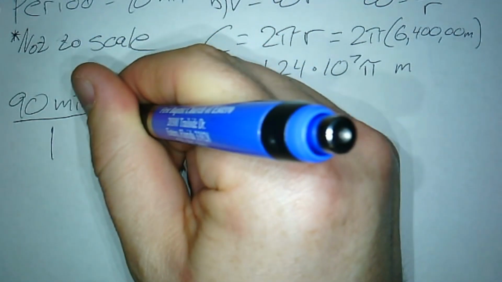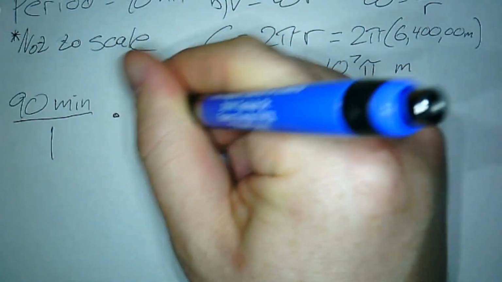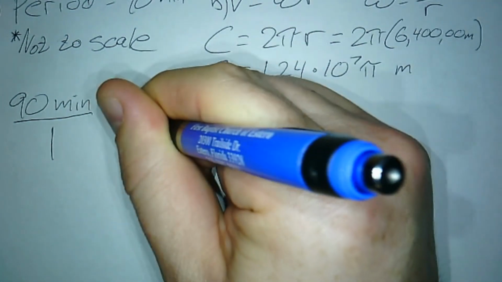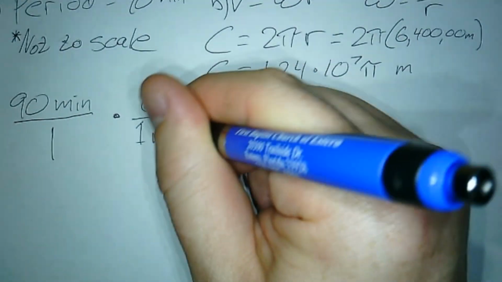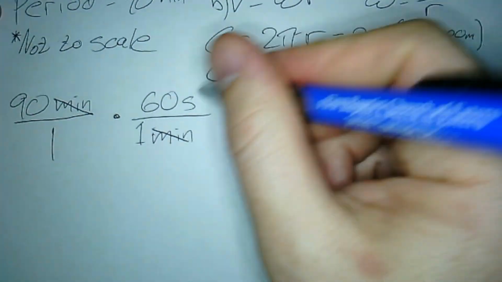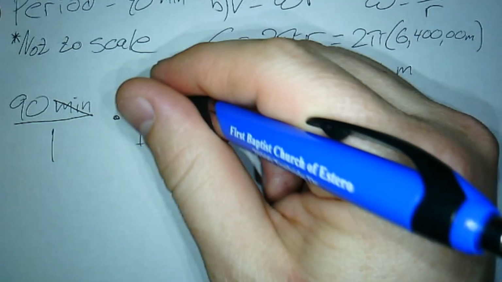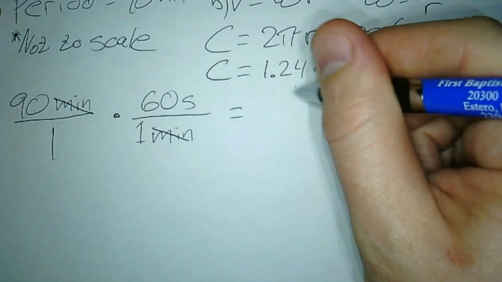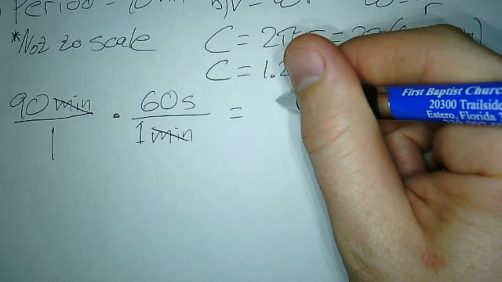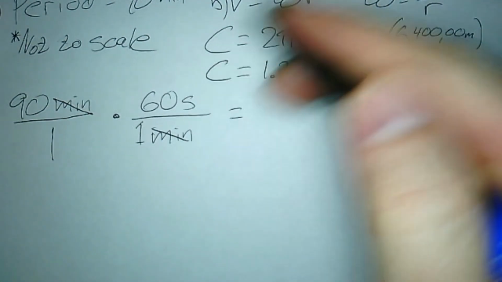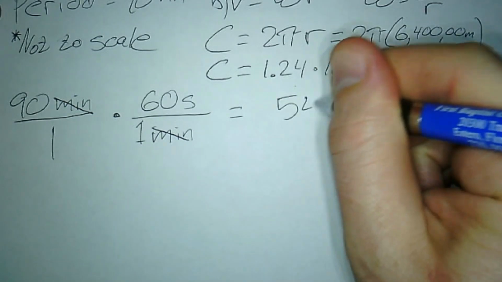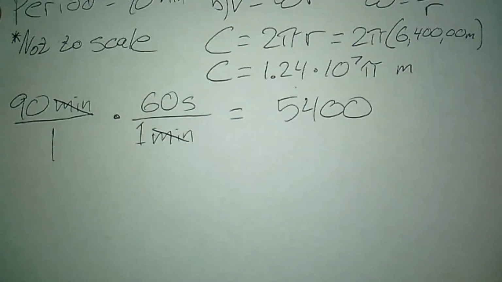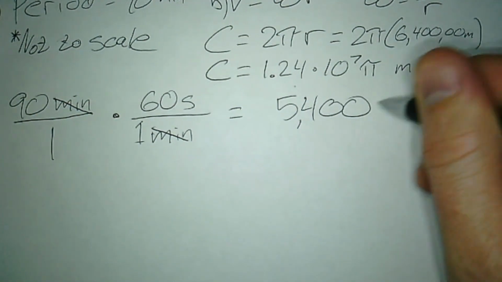I want to multiply this by 60 seconds per 1 minute. So I know those minutes are going to cancel, and now I've got how many seconds that's going to be. What is 9 times 6? Well, that's 54. But I have to add a 0 here and a 0 here, and so I have 5,400 seconds.